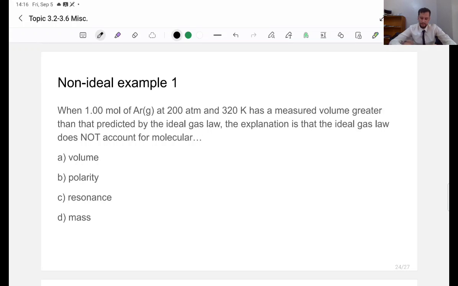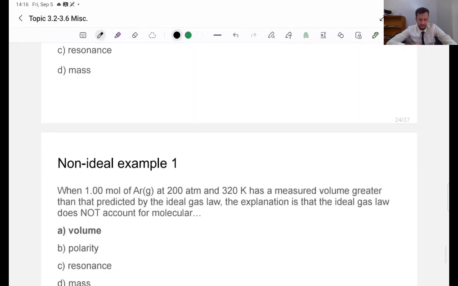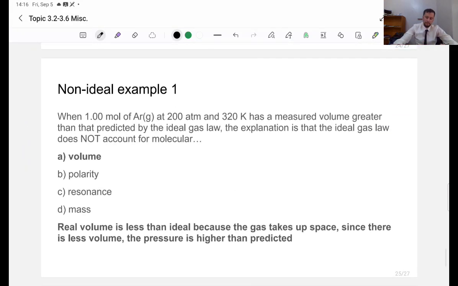And so the answer here, the explanation, is that the ideal gas law does not account for the molecular volume. The real volume is less than the ideal. Okay, we accounted for that. As you see in the problem, it has a measured volume greater than predicted by the gas law.